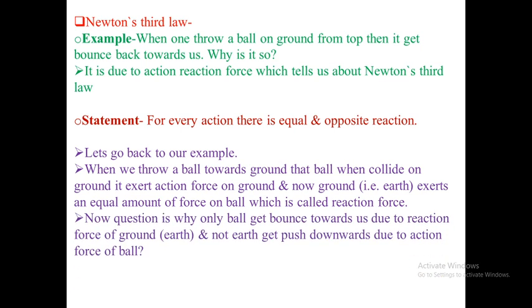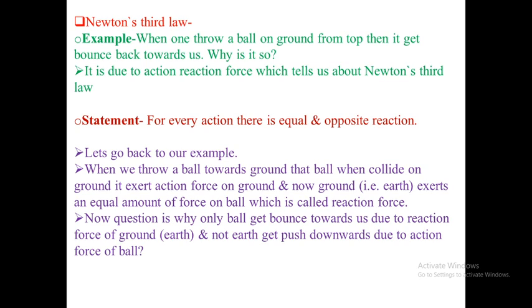Okay, so now the question is that the ball will return to us. Why did the earth not get pressed downward or pushed downwards? The reason behind this is discussed in the statements below. Okay, so the question is, why does only the ball get bounced back? The ball will bounce back from the earth, but due to the ball there is no reaction on the earth.